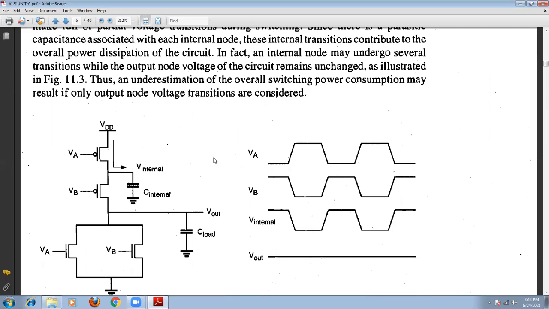We are not going to neglect the internal load capacitance either. Here Ci represents the parasitic capacitance associated with each node, and alpha Ti represents the corresponding node transition factor associated with that node. These are the two factors we have to consider for the switching power dissipation in the CMOS logic circuit.